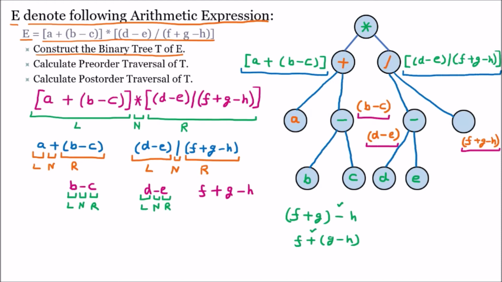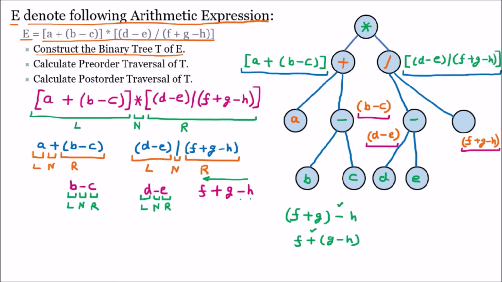To find this out, we should understand that we should go from right to left, and whichever operator comes first, that will be the parent. If we talk about here, we are going from the right: h, minus, so minus will be the parent.